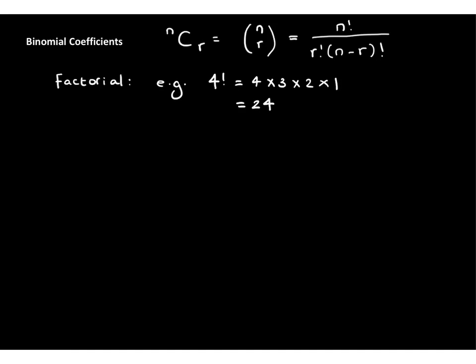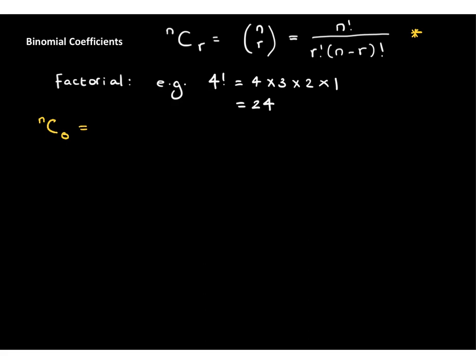Now, we're going to work out some general binomial coefficients. So n is going to be n, and I'm going to choose specific values of r. So let's think about n choose 0, first of all. Simplest possible example. Now I'm going to input the r values into this formula here.